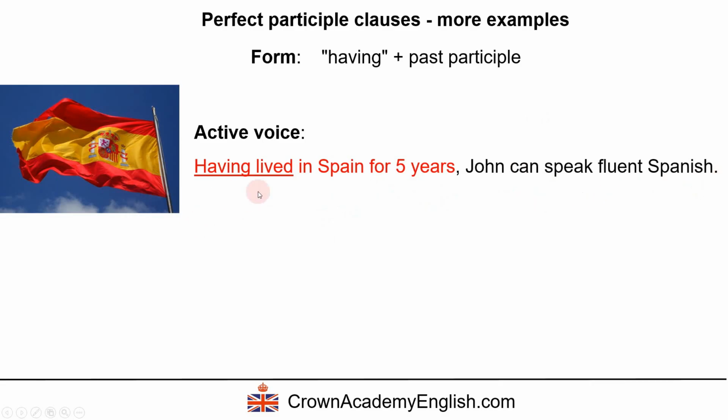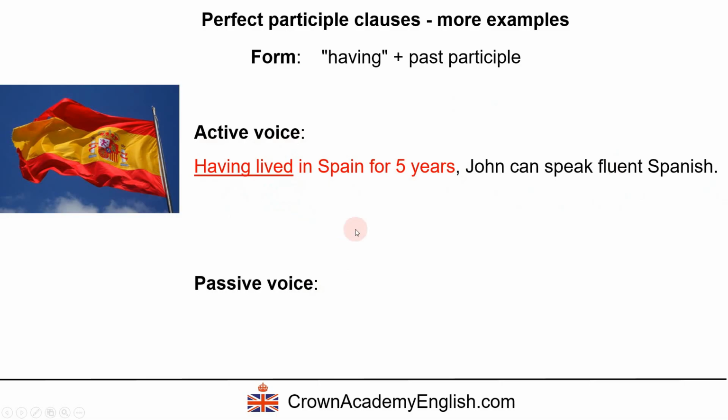Okay, so this obviously happens first, and this happens second. He lived in Spain for 5 years, and today, now, he can speak fluent Spanish. Okay, having lived. So having, and this is the past participle of live, lived, and it is in the active voice.